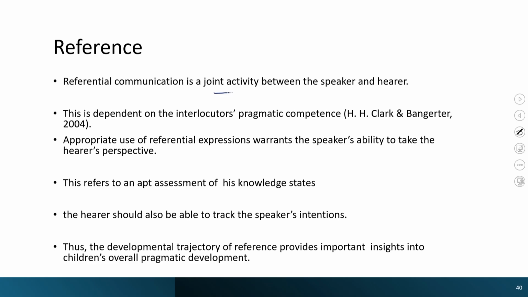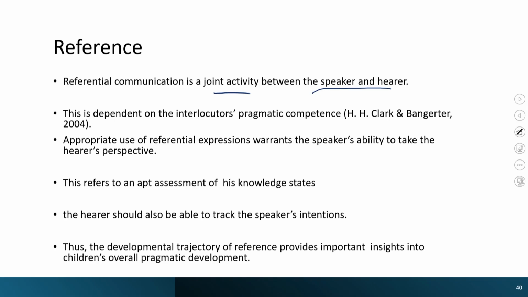This is not something that the person does alone, it is a collaboration again. We talked about collaboration in the beginning of this module: communication is always a collaborative affair, any kind of conversation is a collaboration. Within that collaborative context, reference is one of the most important things.